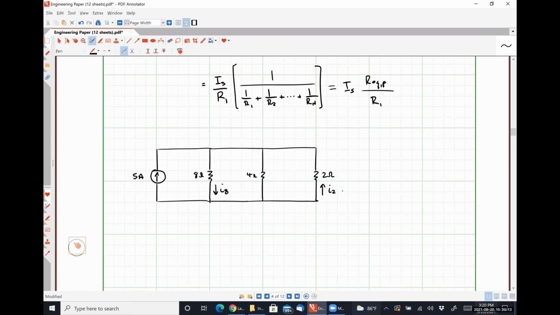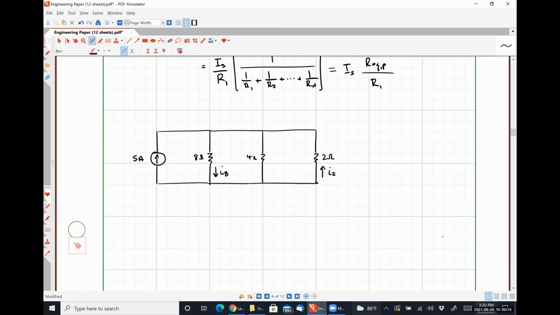Okay. So I8 is going to be 5 amps times 1/8 ohms divided by 1/8 ohms plus 1/4 ohms plus 1/2 ohms.